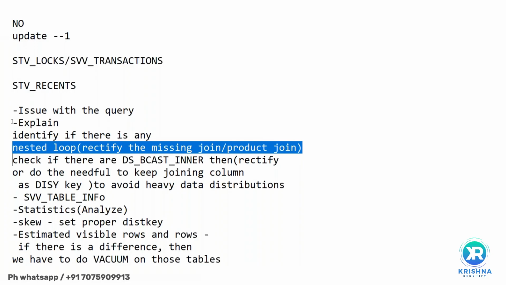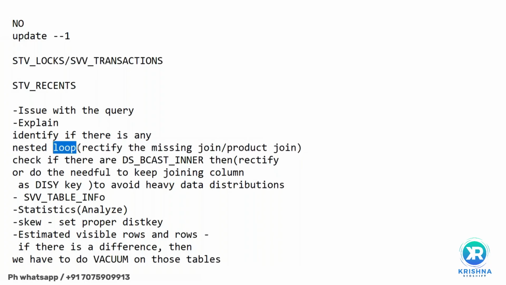Joins are generally inner, left outer, right outer, full outer joins, right? If you miss the join condition, it will lead to a product join. The product join is known as nested loop, or nested join, in Redshift. Whenever there is a product join in the query, you will see this nested loop term in the explain plan.